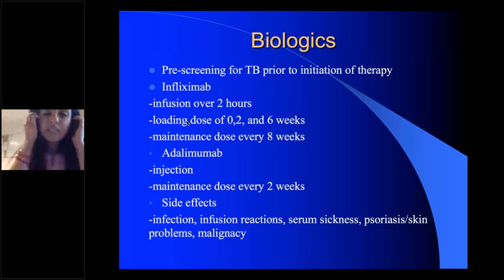But before we start these biologics, again, because of the side effect profile, we need to screen patients. The first thing we would screen for is the potential for latent TB infection, and we would want to exclude this before initiating any patient on anti-TNF alpha therapy, because this can then cause disseminated TB, which has a high mortality. So we would do an ELISpot and a chest X-ray.